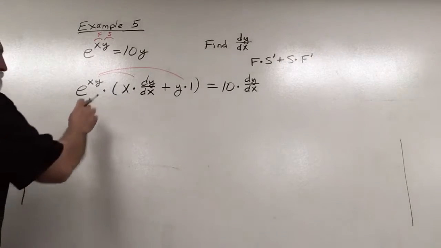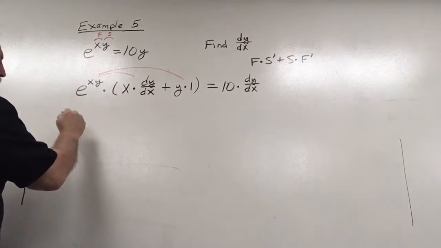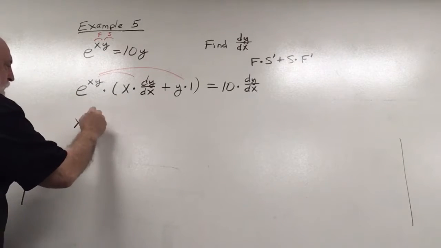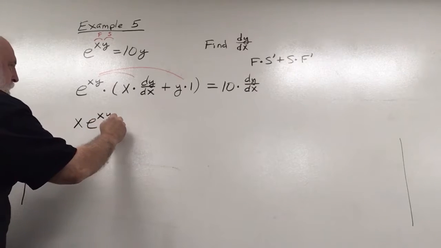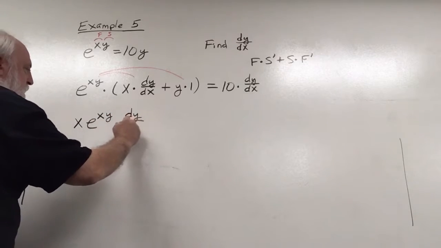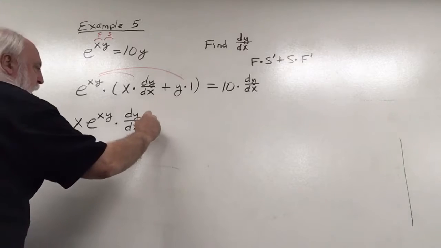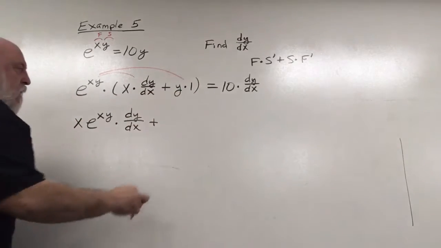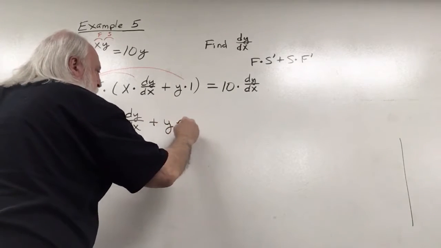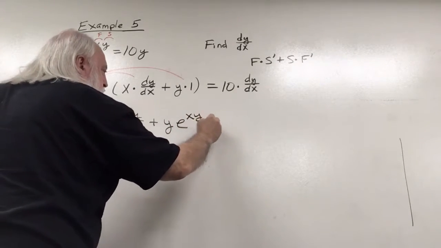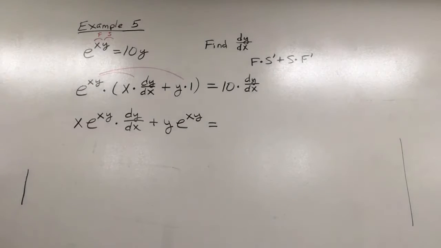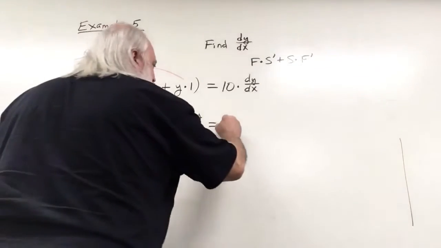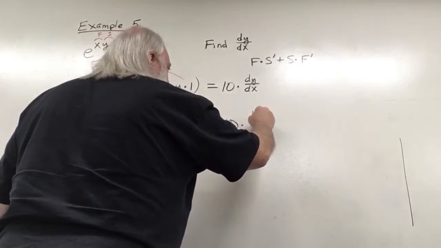And when we do that, we have x times e to the xy times dy over dx. And then we add to that e to the xy times y, or y times e to the xy. So that's what we get after distributing e to the xy inside the parentheses. And then on the right-hand side, we have 10 times dy over dx.